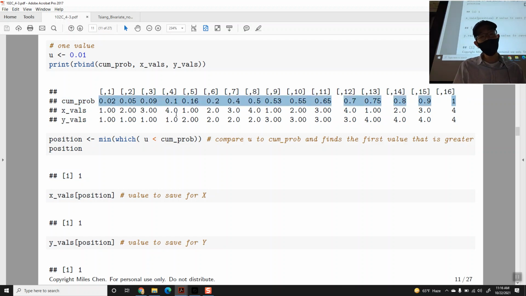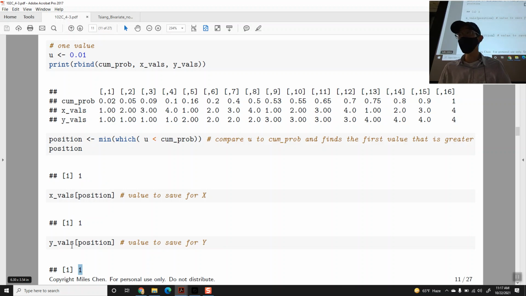And we want to select the minimum of those. So it's true for all values, 1, 2, 3, 4, 5, up to 16. What's the smallest? The smallest one is 1. So our position is going to be position 1. And we ask, what is the x value that corresponds to position 1? That's 1. What is the y value that corresponds to position 1? Also 1. And that's the combination of x and y that we get.